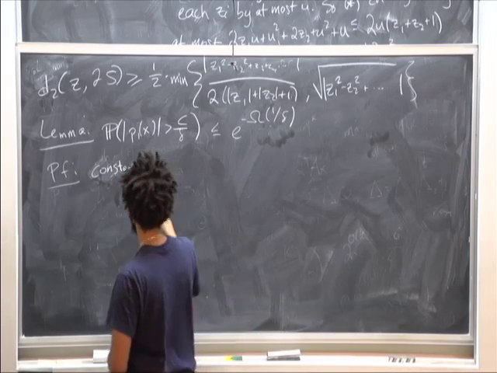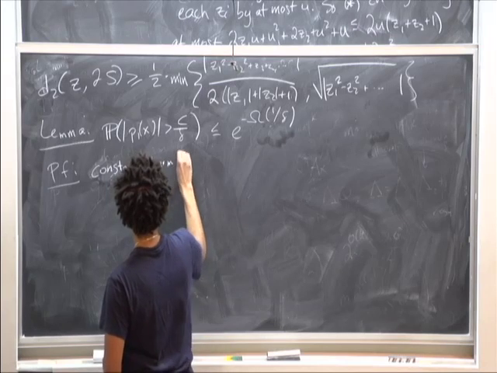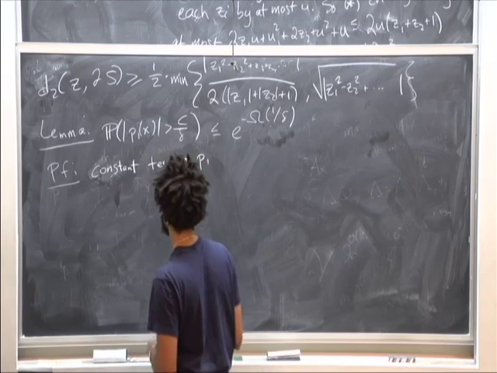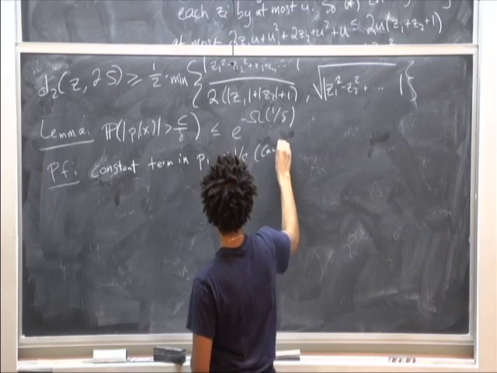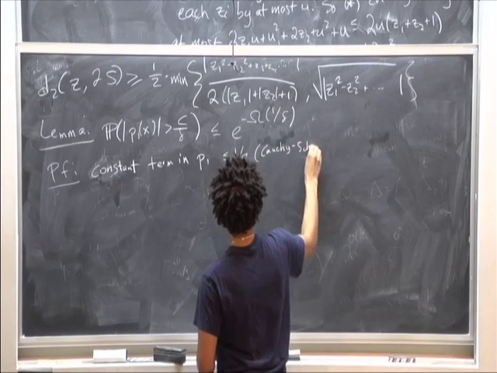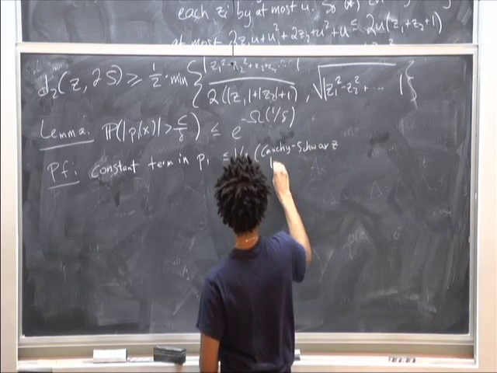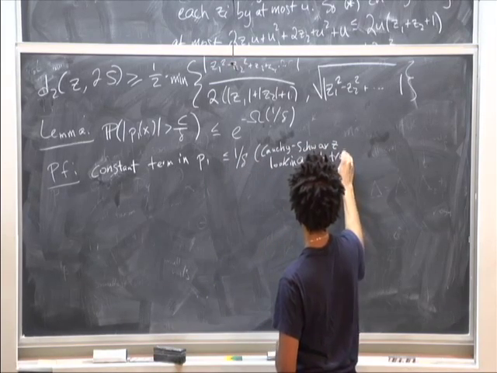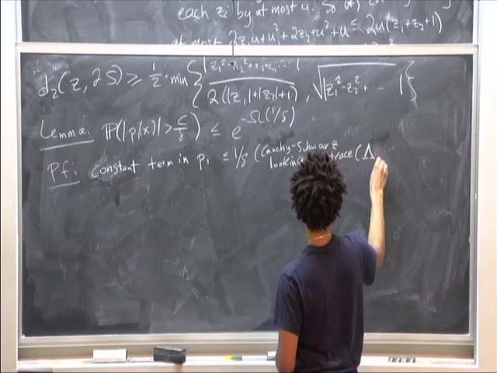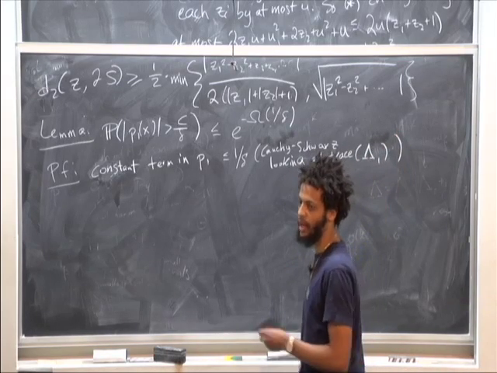Okay, so basically the constant term in P1 is at most 1 over delta. You can show this by Cauchy-Schwarz, looking at the trace of lambda 1.